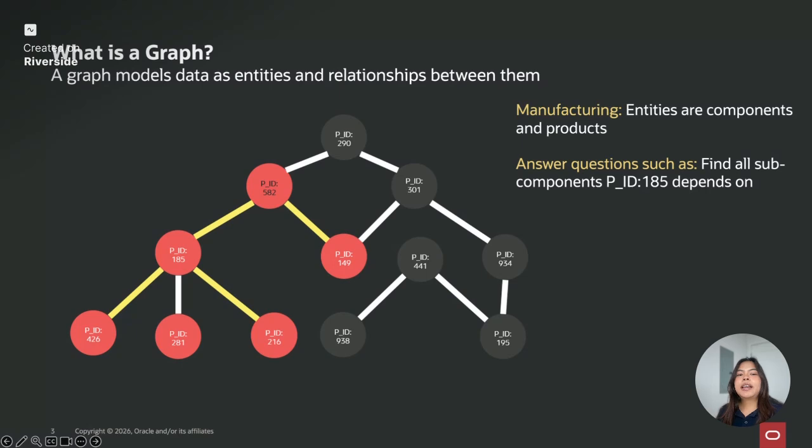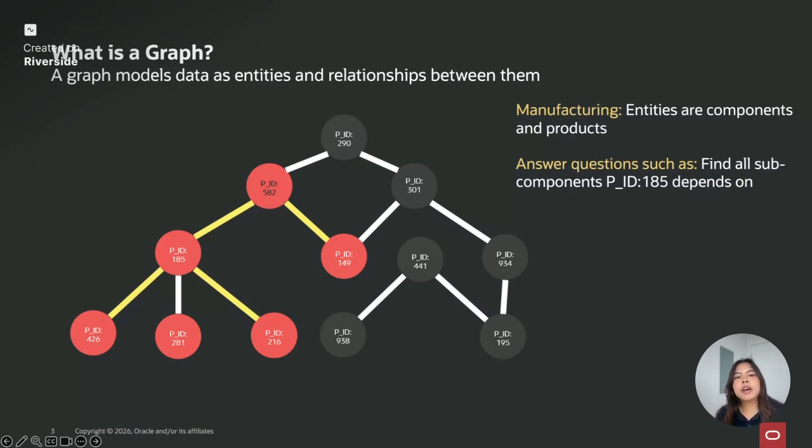So we can take a look at other types of graphs, right? There are different industries using graphs for different purposes. Here we have an example of the manufacturing industry, where we have entities that are components and products, and then we have relationships that are basically, this product contains this component, for example, right?